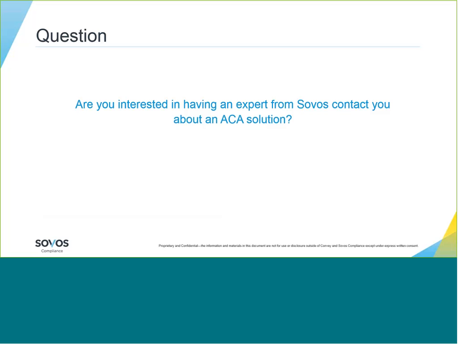The second question related to the one you just answered, from one of our attendees: just want to confirm only full-time employees and part-time employees averaging 30 hours a week are required to receive a 1095. We do not need to provide one to non-eligible employees. Is that correct?